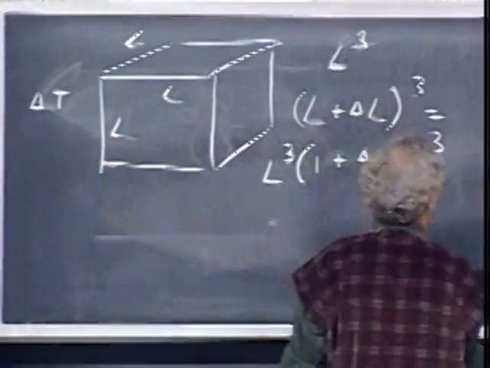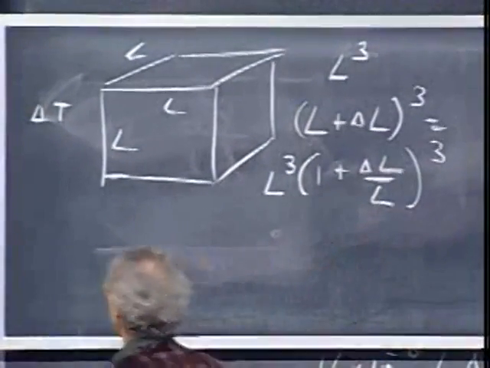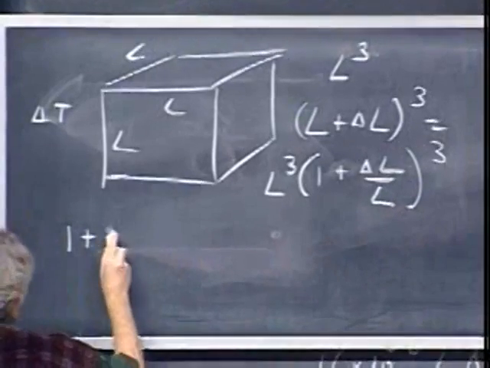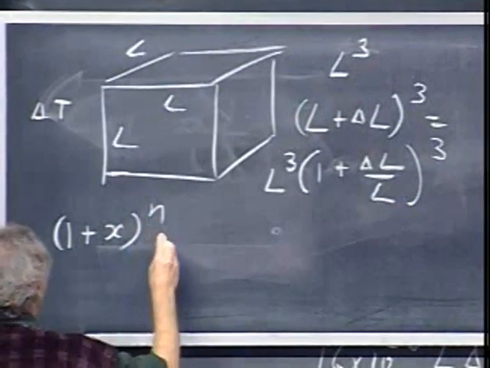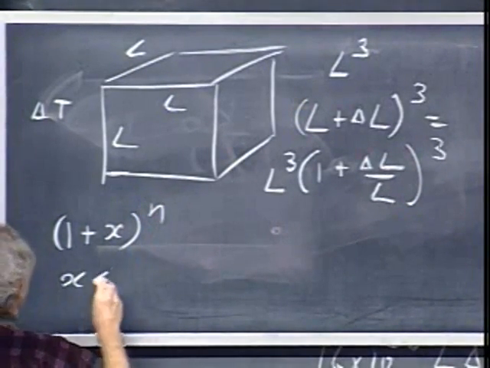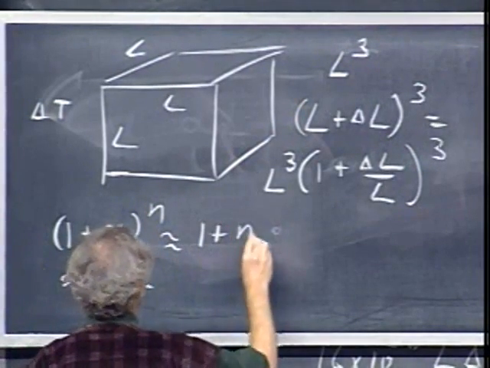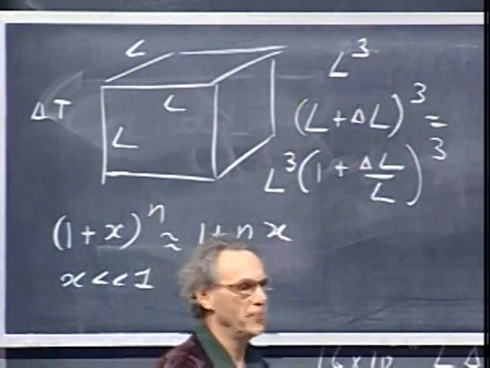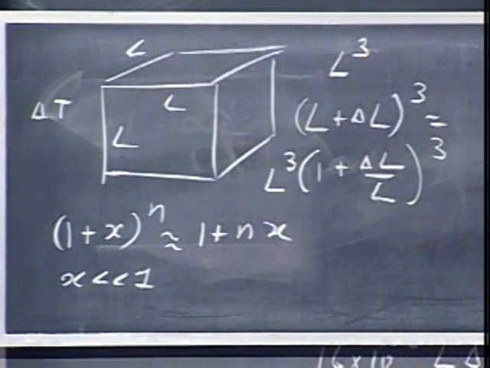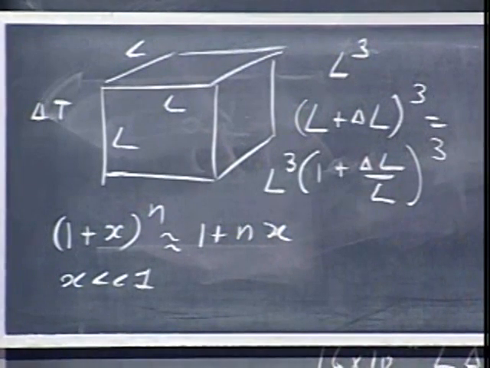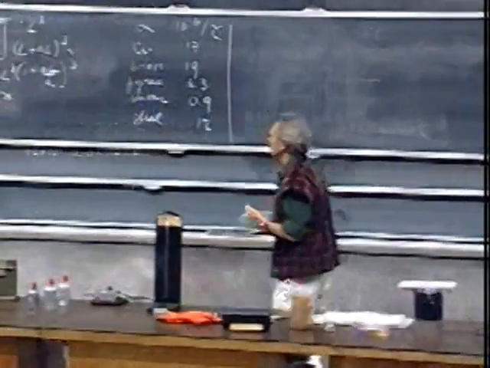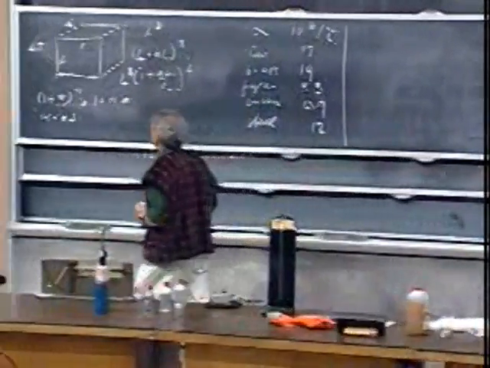Now perhaps you remember, or at least you should remember, that 1 plus x to the power n, in case that x is much, much smaller than 1, is approximately 1 plus nx. We've used that before when we discussed the Doppler shifts, light from receding stars. This is called the binomial series, binomial expansion.